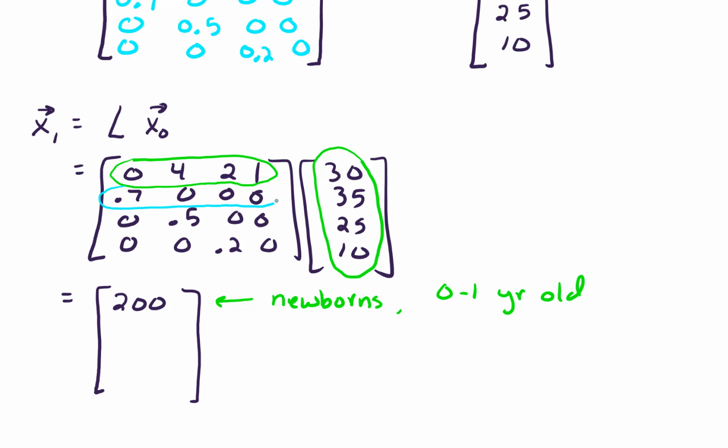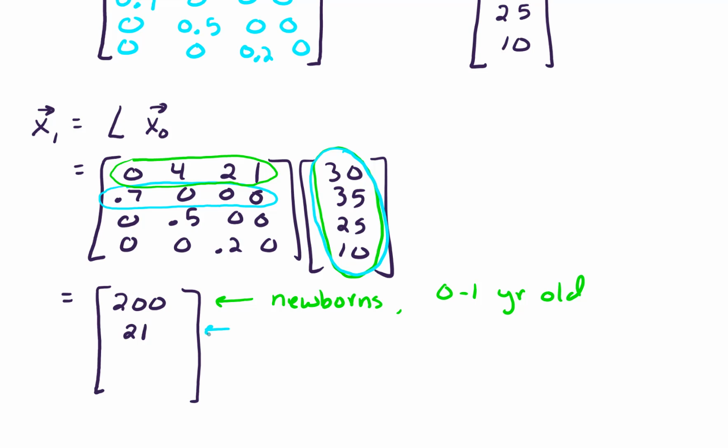Okay, and then the next calculation that we do, we look at this 0.7 times our initial condition, and the only thing that's really getting multiplied there is the 0.7 times the 30. That's the survival rate of our newborns, and that tells us how many of them are going to grow up and become 1 to 2 year old beetles, and we already found that number to be 21. And so let's make a note here.